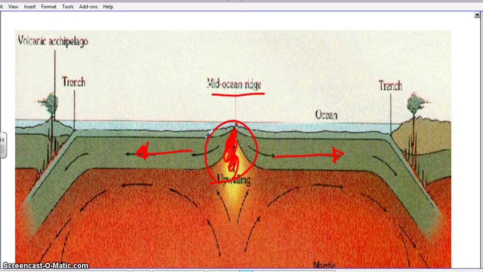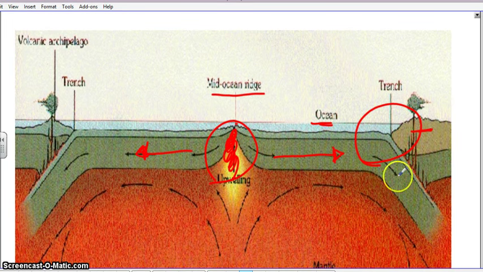If you look over here to the right, you can see we have an oceanic-continental convergent boundary. We have this plate going this direction, this plate going this direction. The more dense one subducts, and as it subducts, it melts back into magma.